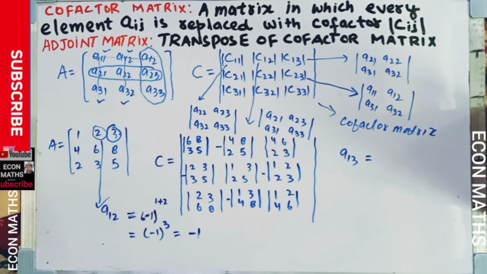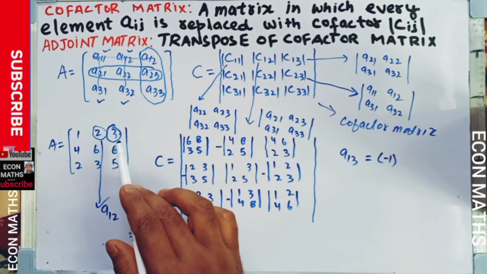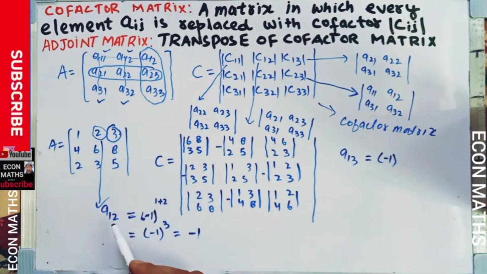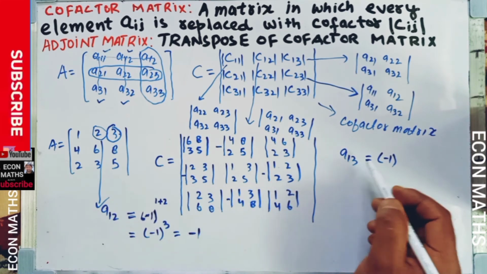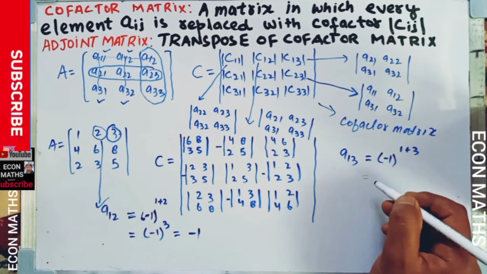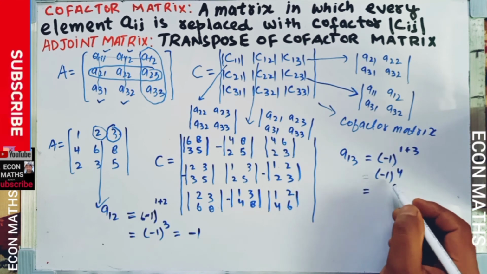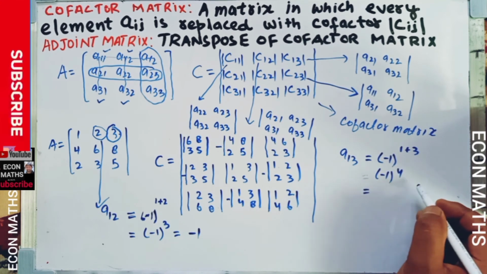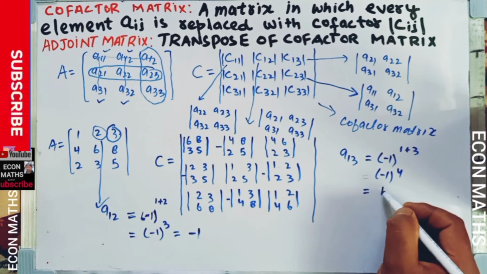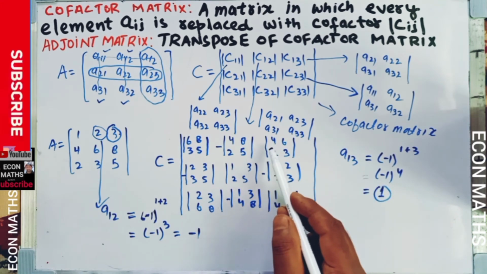Now the sign is given by -1 raised to the power of the subscripts, 1 plus 3. So this is -1 raised to power 4. Now -1 raised to an even power gives us +1. Therefore I have written here it is positive.